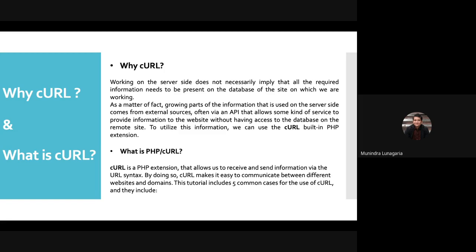The growing part of the information used on the server side comes from external sources, often via an API, which allows services to provide information to the website without accessing a database on the remote side. To utilize that information, we can use curl, which is a PHP built-in extension.